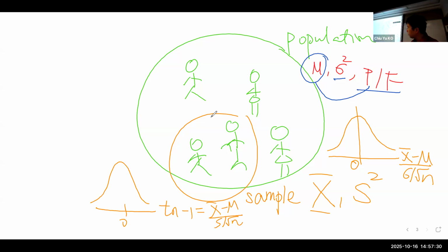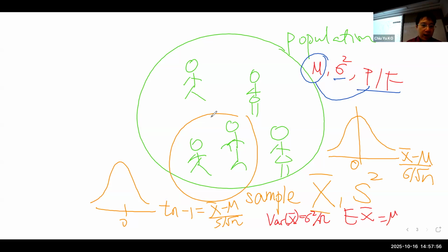Once I know this shape, what does it earn us? I know the expected value of x bar is mu, and the variance of x bar is sigma square over n.